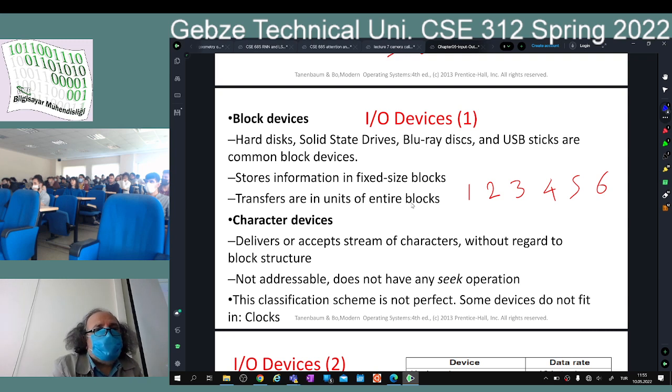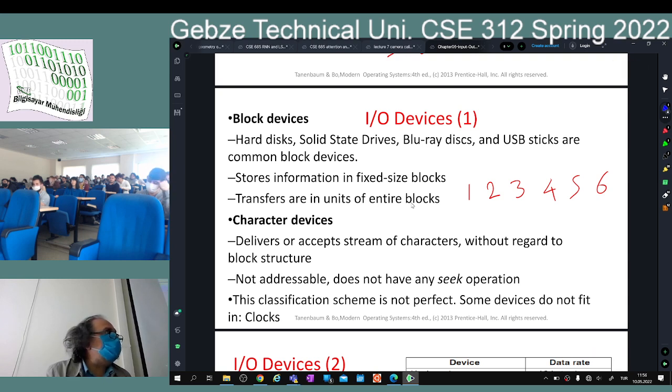Hard disks, for example, or most secondary storage, keep their information in fixed size blocks. Say your block size is 4 kilobytes. When you say give me 2 bytes at this address, it gives you one block, because the block is the minimal unit of transfer between your computer system and the I/O device.